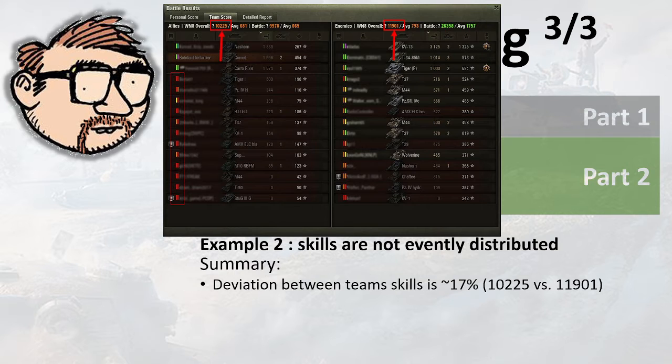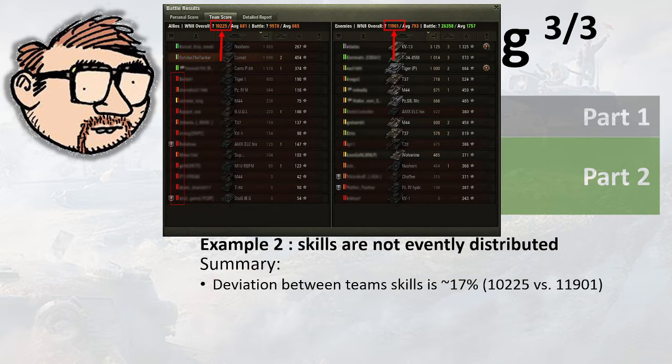And this is very important to see. When we are going to the higher tiers, this deviation between team skills has a bigger effect on the output.